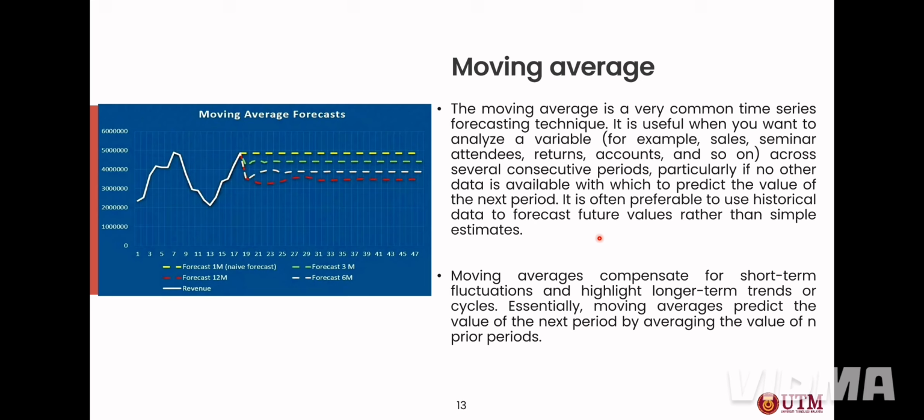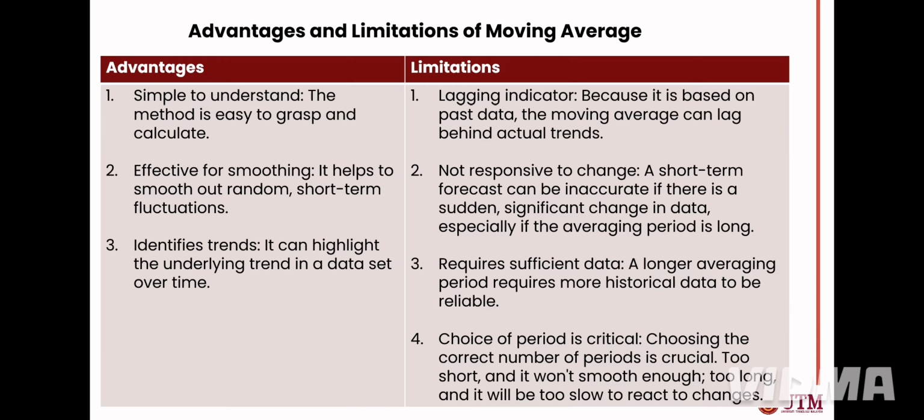It's often preferable to use historical data so that we can find the average, the mean, that we will use to forecast. Moving average compensates for short-term fluctuation, and usually moving average predicts the value of the next period by using the average or mean value of n periods of time.